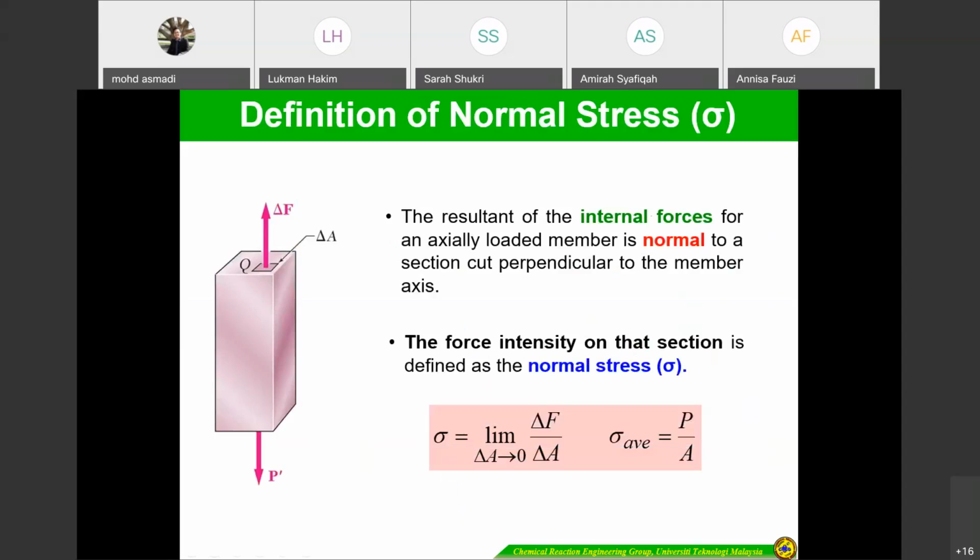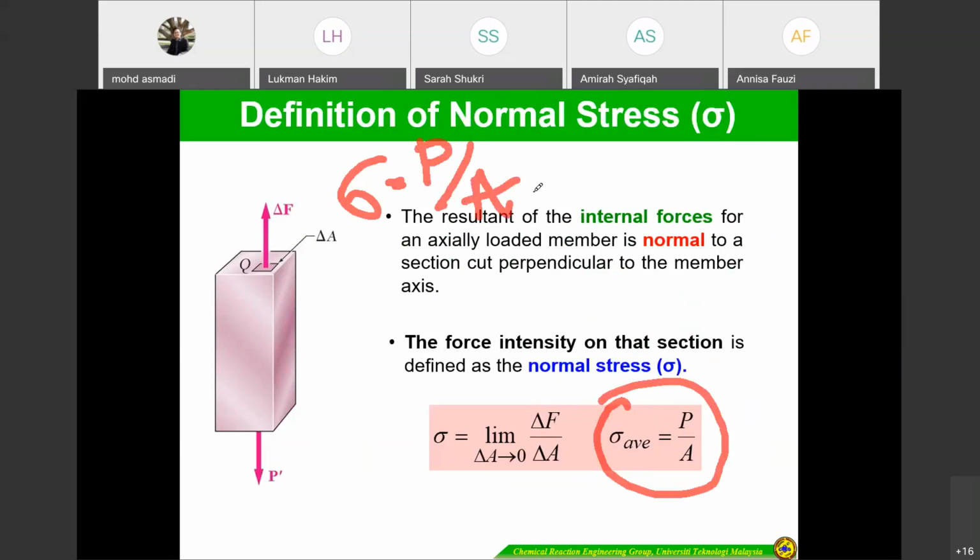We use the symbol sigma. So sigma equals P divided by A. This is the normal stress, where A is the area and P is the force acting on the member or the section.